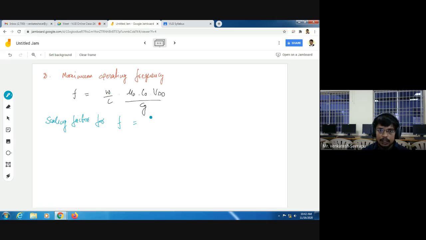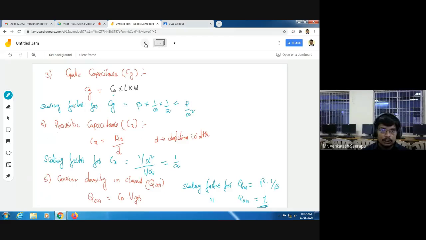W has a scaling factor 1 by alpha, whereas L also has a scaling factor 1 by alpha. What about mu naught? Mu naught is a constant value, so it has a scaling factor 1. What is the scaling factor for C naught?